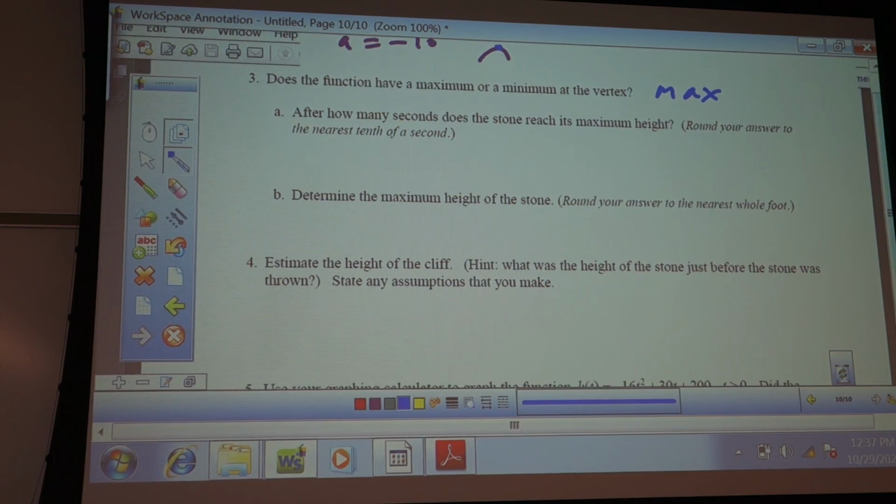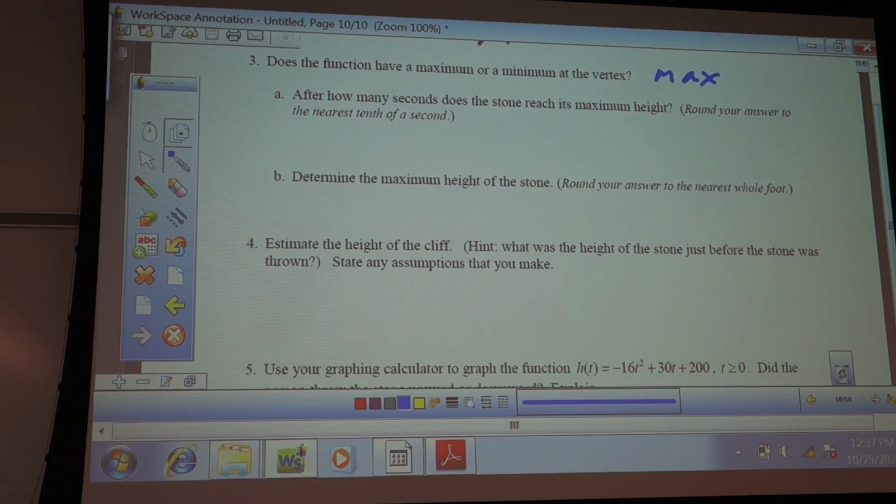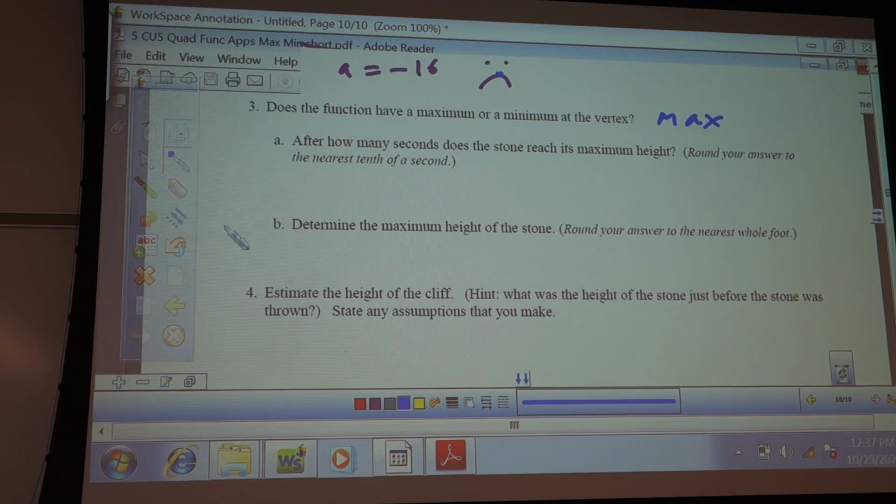After how many seconds does the stone reach its maximum height? So what's my vertex again? Do you want to use the fractions? We'll use the fractions. 15 over 16, and the other one, 3425 over 16.